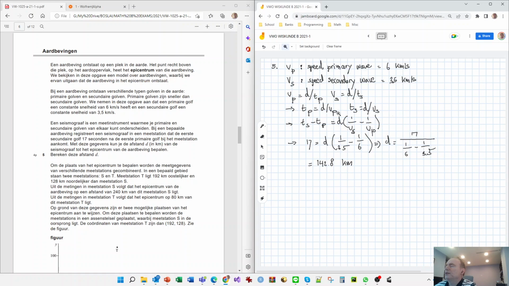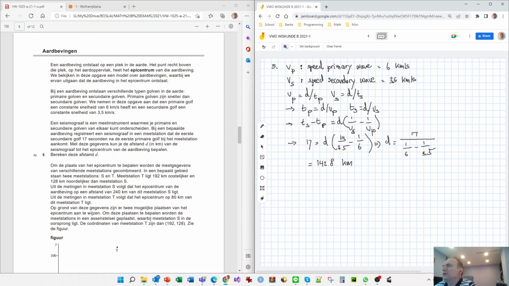And what you measure is the difference, and Ts is larger because the Vs is slower, so it takes a longer time for the secondary wave to arrive, as I mentioned. So Ts minus Tp is this expression, and it has to be 17, and we also can substitute what we know.